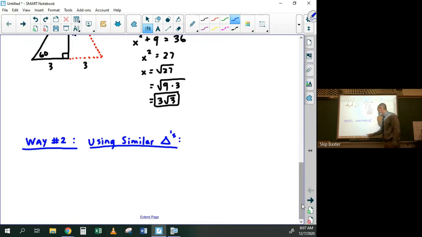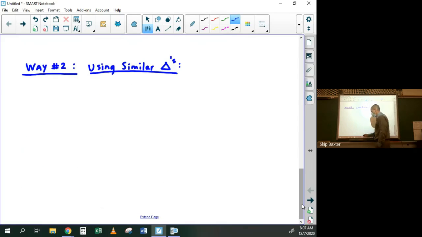Okay. So the second way you can do this is just using similar triangles. The idea is if you can come up with one 30, 60, 90 triangle, then you could always just do a proportion using that one similar triangle. So here's a fact.